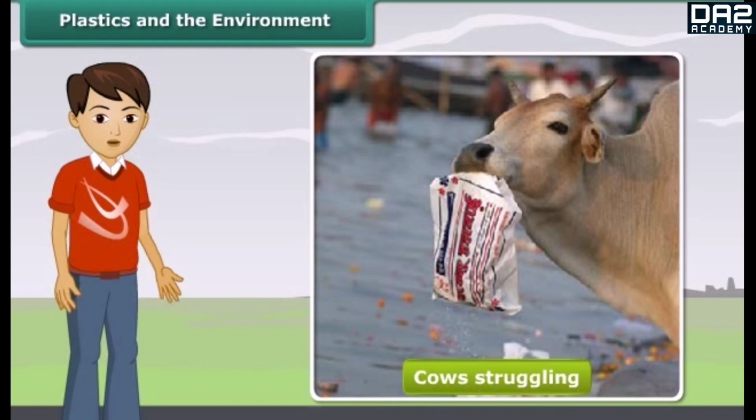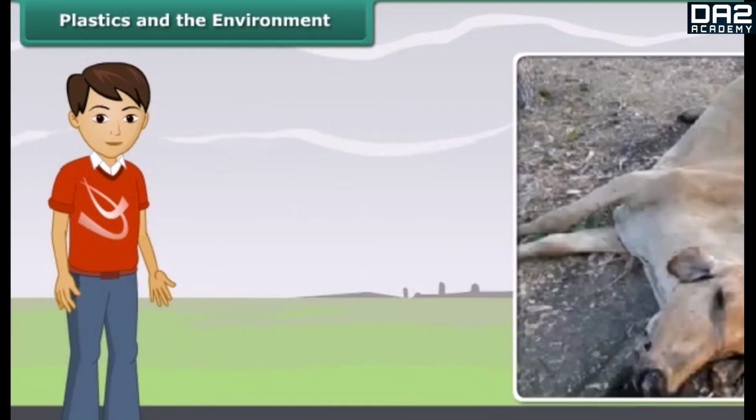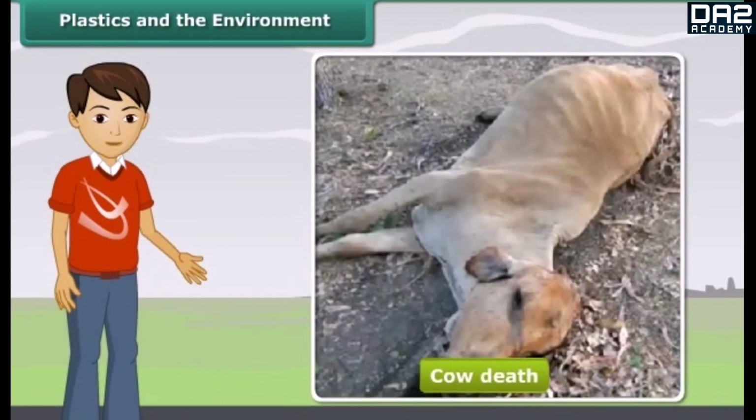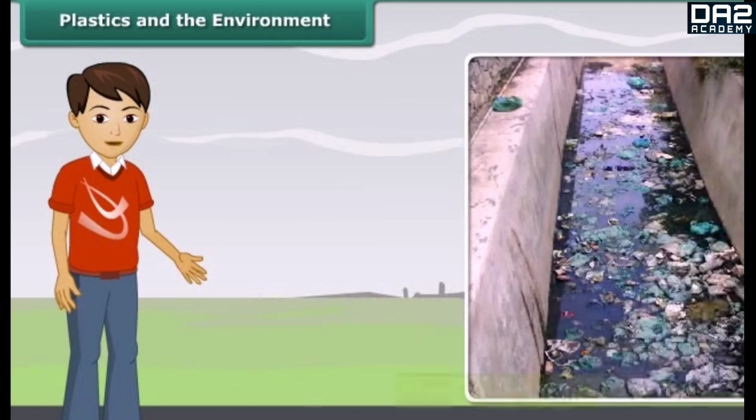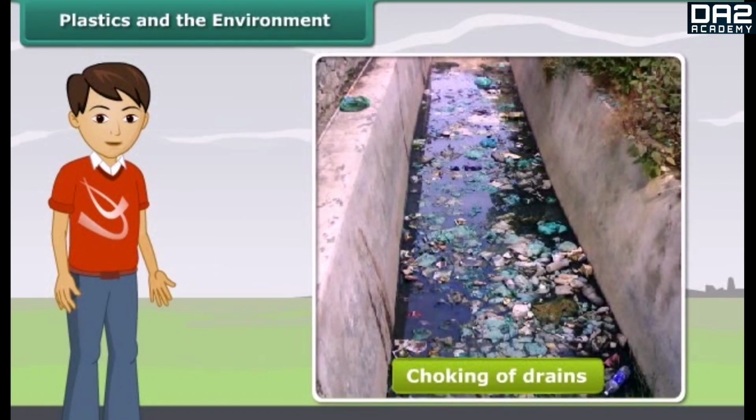It can choke their respiratory tract or form a lining in their stomachs, causing their death. On burning, plastics release toxic fumes into the atmosphere. Another plastic menace is the choking of drains, which leads to their overflowing and flooding during the rains.